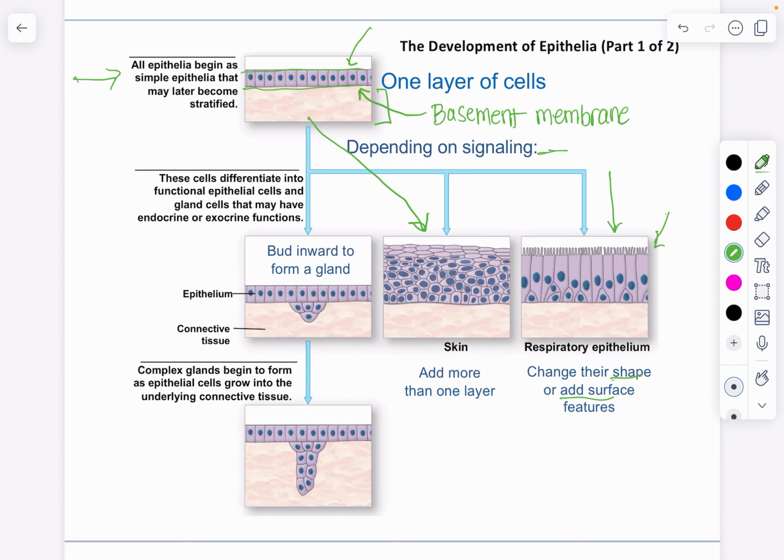Okay, so when we have many epithelial cell layers like this, it can provide protection. So we can find this in the skin. So again, based on the signaling, we can change what's on the surface, we can change how many layers there are, and then finally, depending, of course, on where we are, we may want to form a gland. And this happens by the epithelial cells forming an inward bud, and they start to form this gland that kind of dips down into the connective tissue.